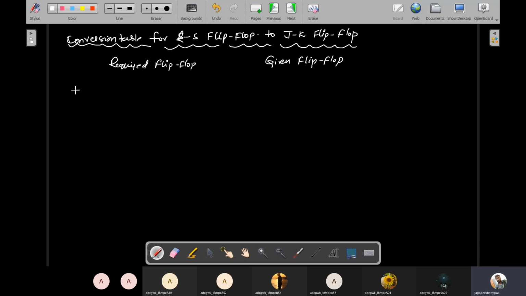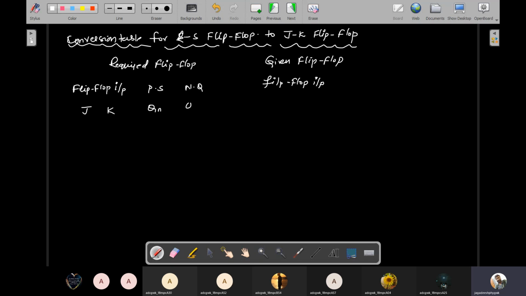Okay, so flip-flop inputs, similarly present state, next state, and given flip-flop inputs. So first you write J, K, and what is the present state? Qn.